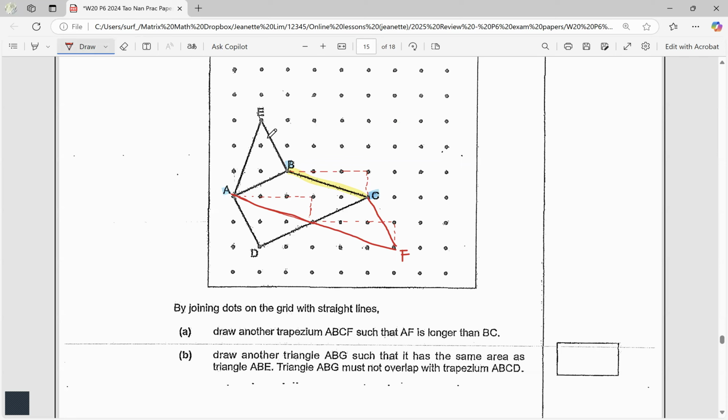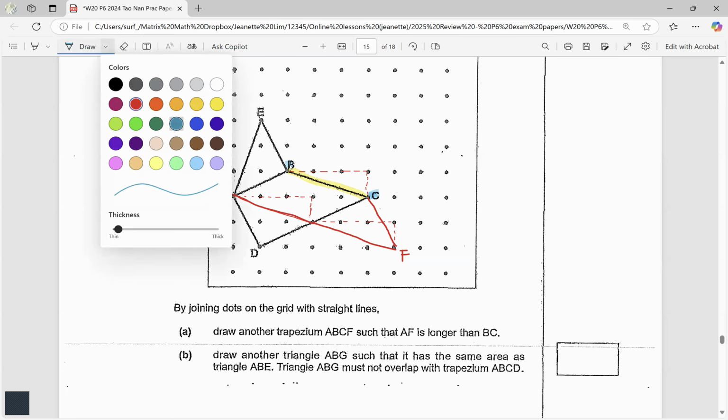AB, BE, base and height. So let's draw ABG. Keep AB, find point G.